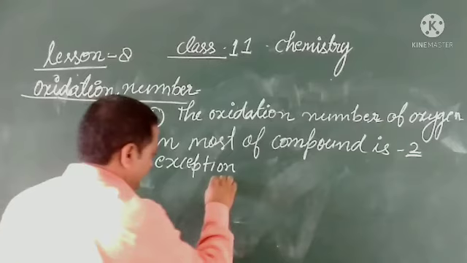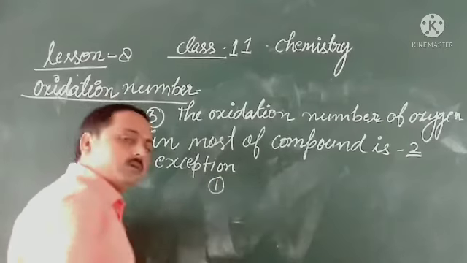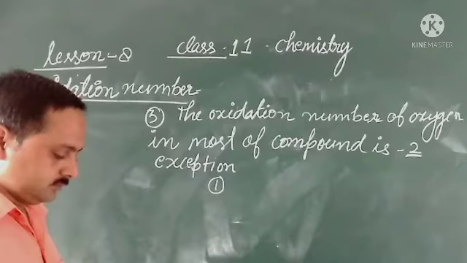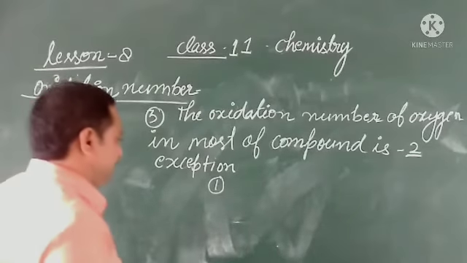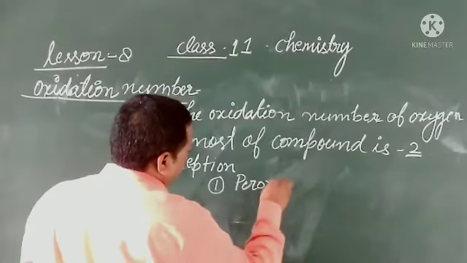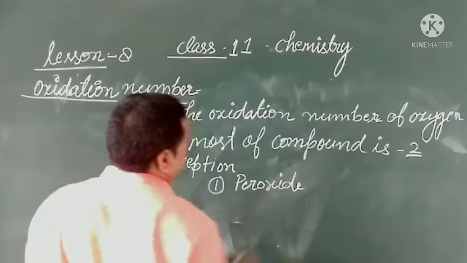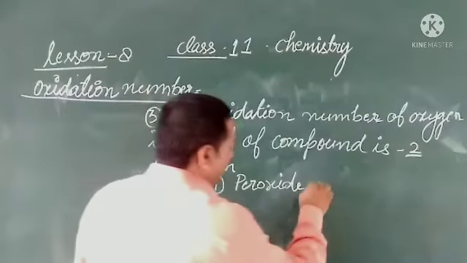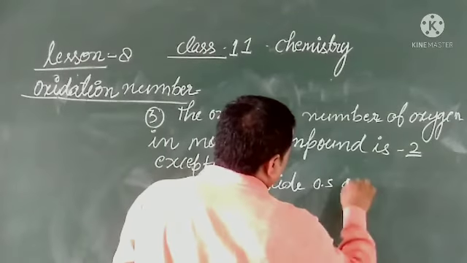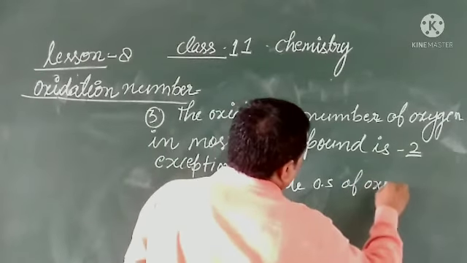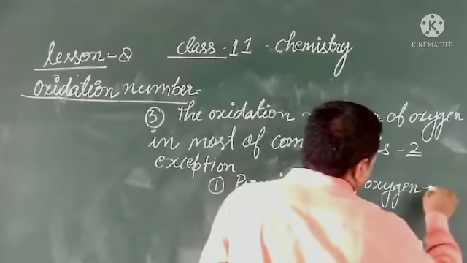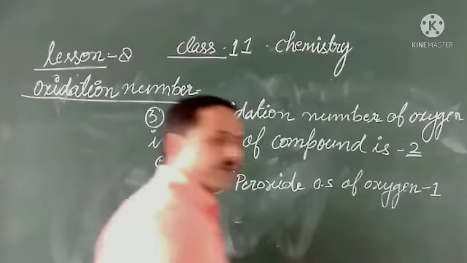First is this: in the case of peroxide, the oxidation state (OS) of oxygen is minus 1.